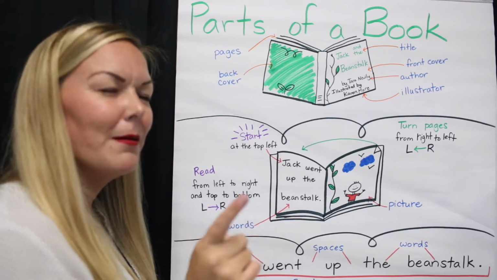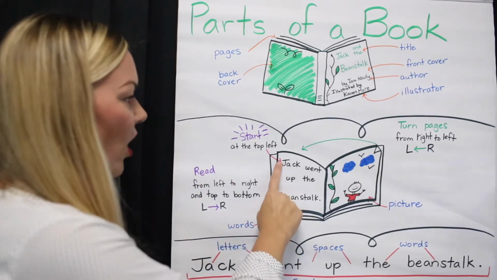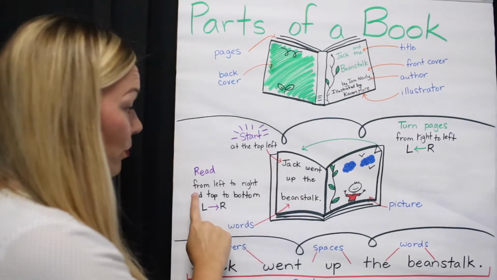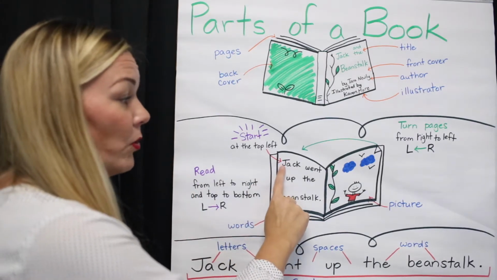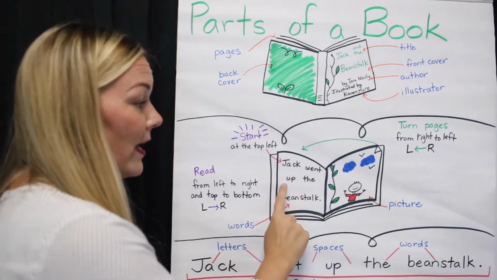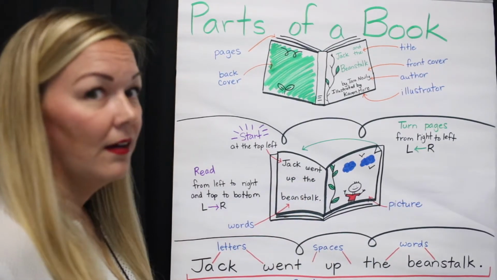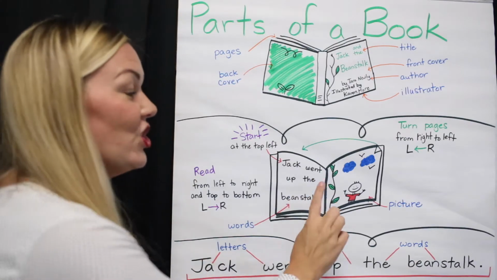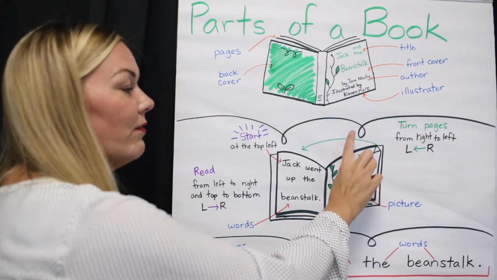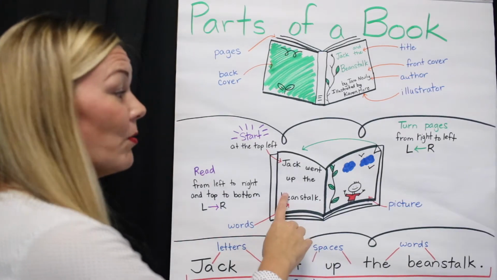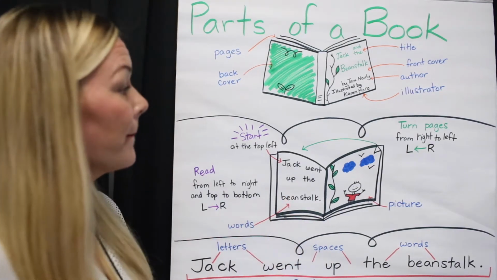But every time she started on the top left part. And when she read that book, she read the words from left to right. Every time, left to right. She stopped and she showed her students all of the pictures. And I think that those pictures helped the students understand what those words were saying.